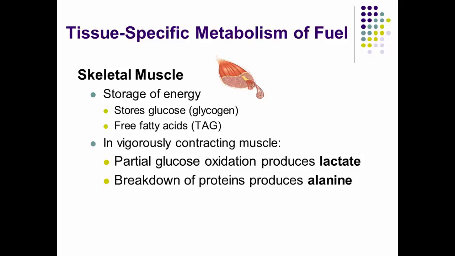So muscle is also able to synthesize and store triglyceride, but in a small amount compared to adipose tissue. Adipose tissue is definitely the major site for storage of triglyceride. But muscle can store some small amount of triglyceride and utilize it during either fasting or particularly during exercise, which we're going to talk about later, right?